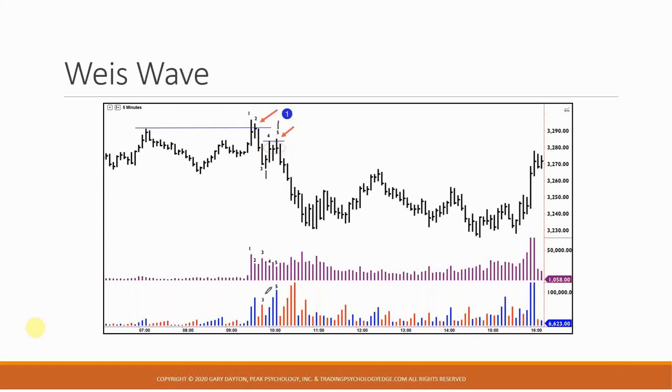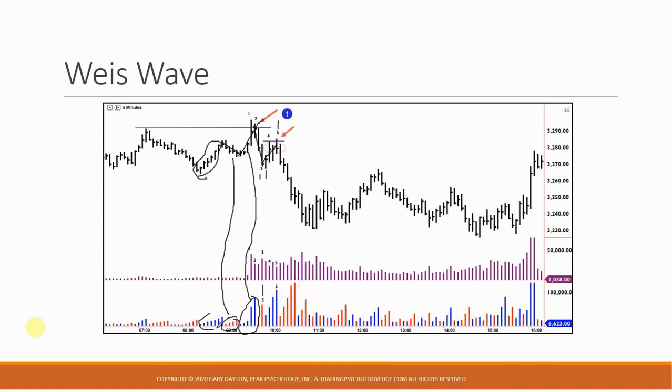And the Weiss wave here comes down to bar 3, and it probably started at bar 2. I'll show you in a little bit that you can plot swings as well. But the Weiss wave is basically plotting the volume on each of these swings. So this is the volume with this swing. This is the volume on this swing.